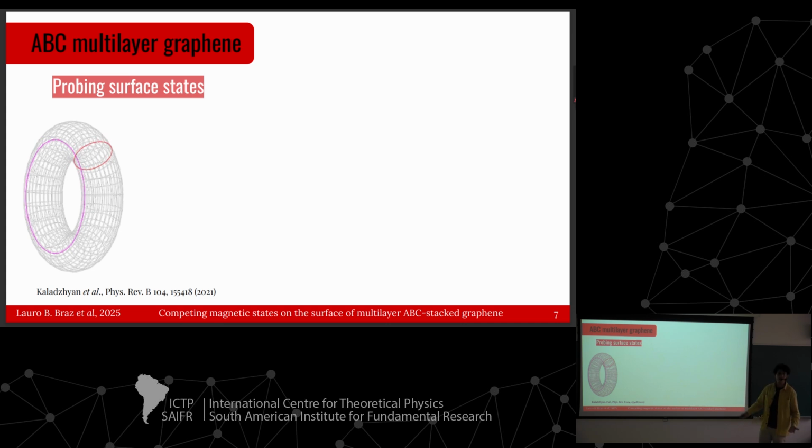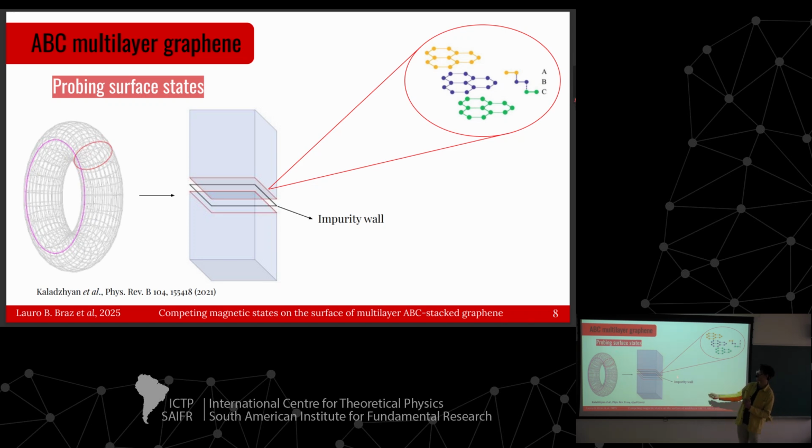Because of periodic boundary conditions. The strategy here then is to make a cut in the torus by introducing an impurity wall, and then look at the states at the edge of this impurity wall.